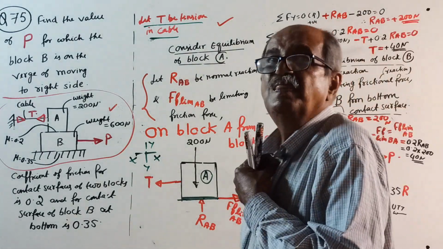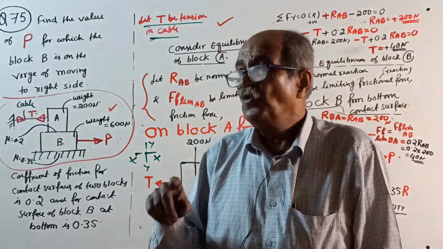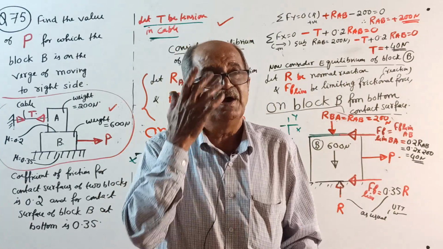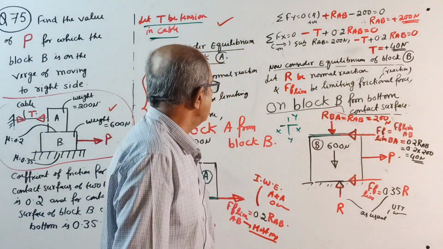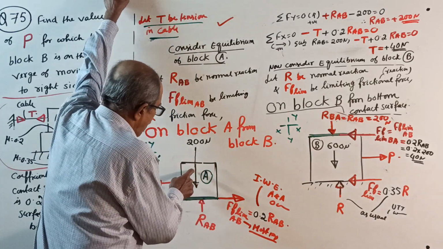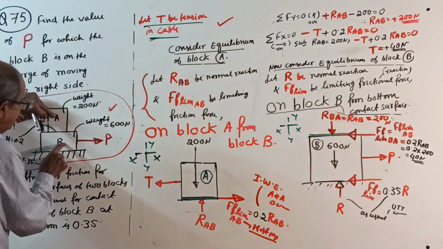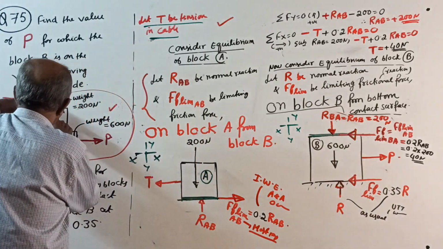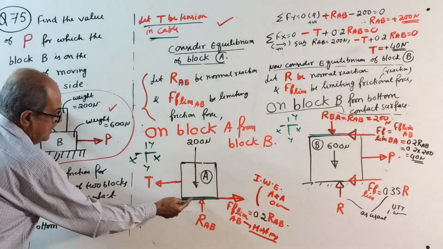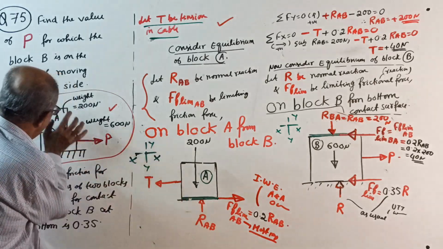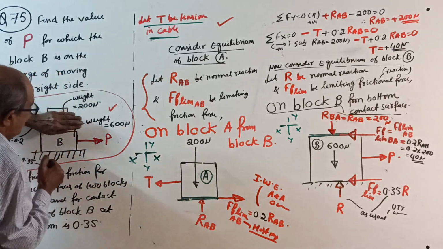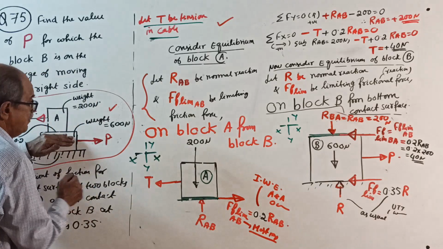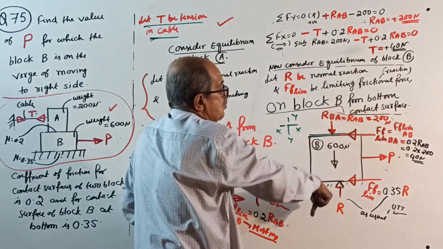In your next three questions or further questions also, I will tell you every time, but this much I can't explain. So remember, for block A from block B, up means for block B from block A, down.